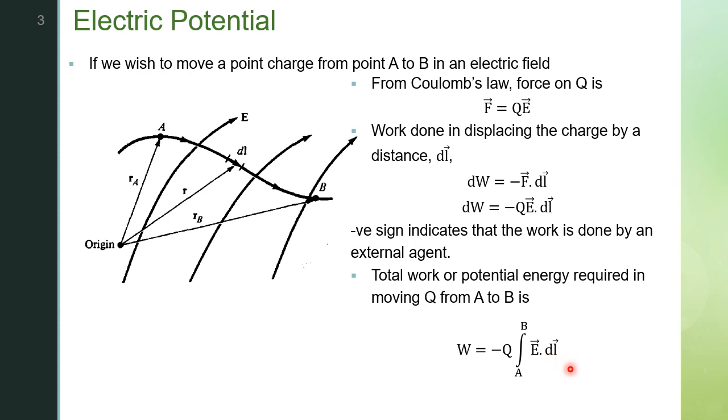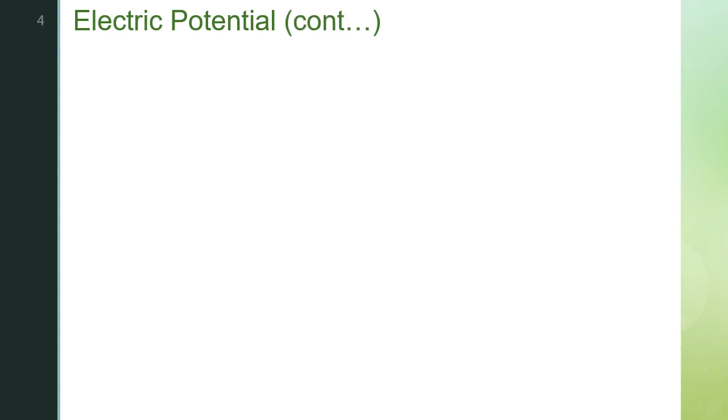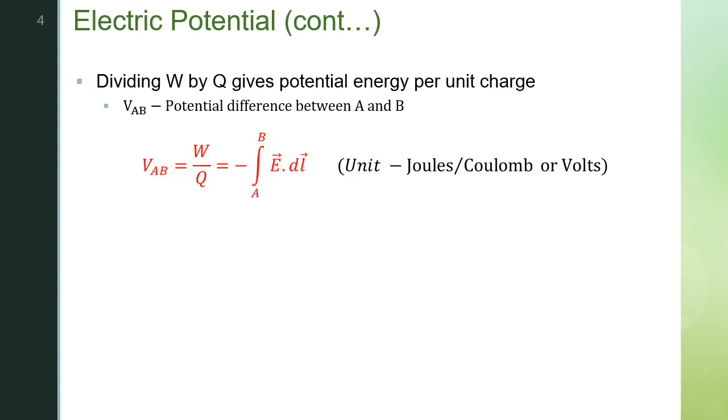So this is the total work done in moving the charge from point A to B. So now we have determined the work. Now if you divide the work by charge, that is the energy per unit charge, it is called the potential. So the potential difference between 2 points A and B, given by VAB, is W by Q, and we have got it as minus integral A to B E dot dl.